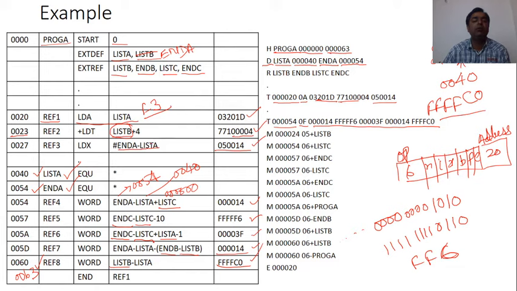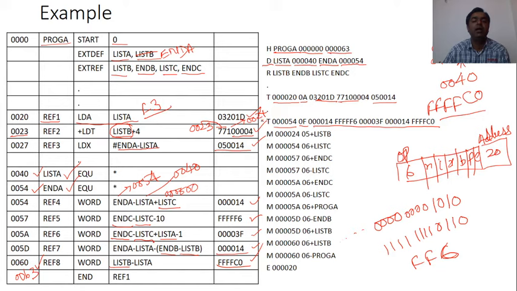Now, what will be the address of the modification record? Because this instruction starts from 0023, the address corresponding to the opcode is 0023, so the address field will start at 0024.